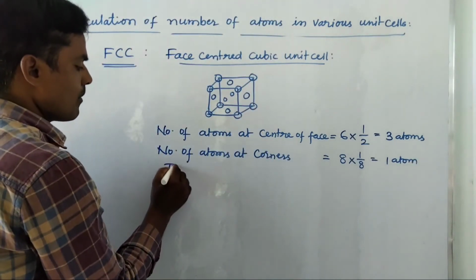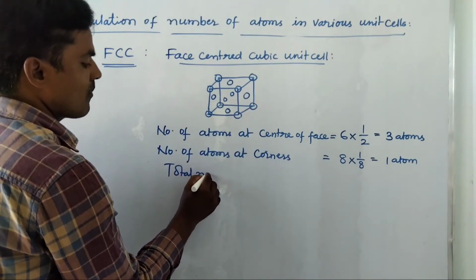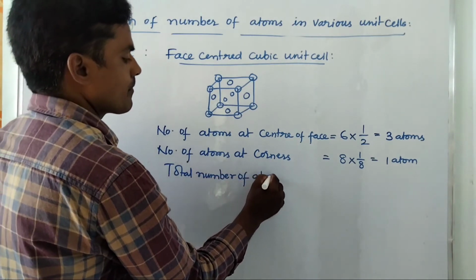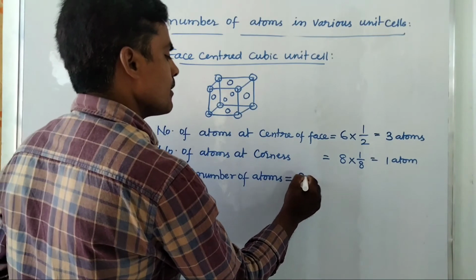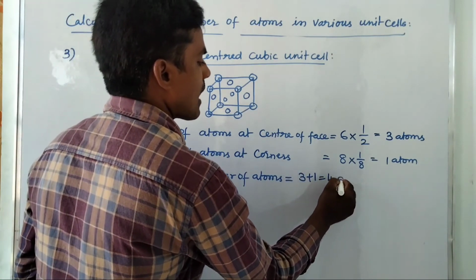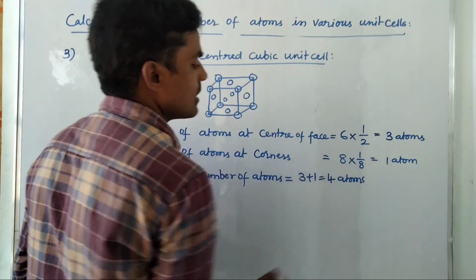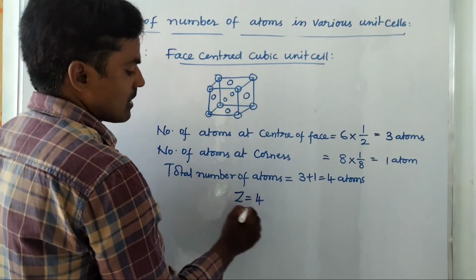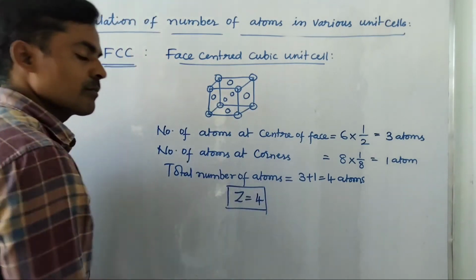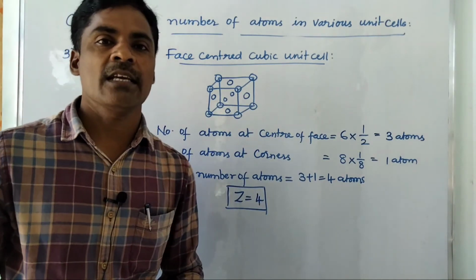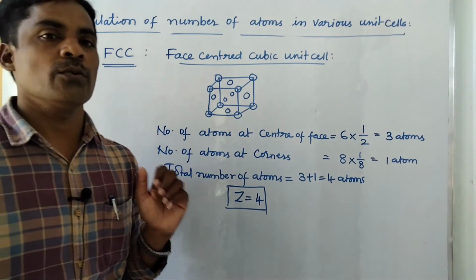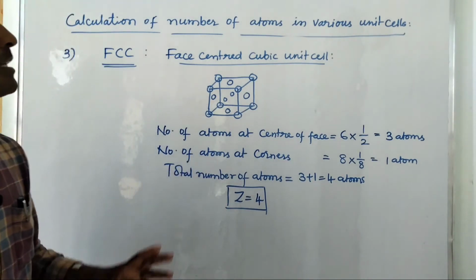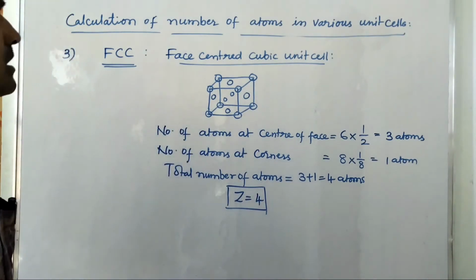Total atoms equals 3 plus 1 equals 4 atoms in FCC. So for the face centered cubic unit cell, the Z value is 4. These are the numbers of atoms present in various unit cells.